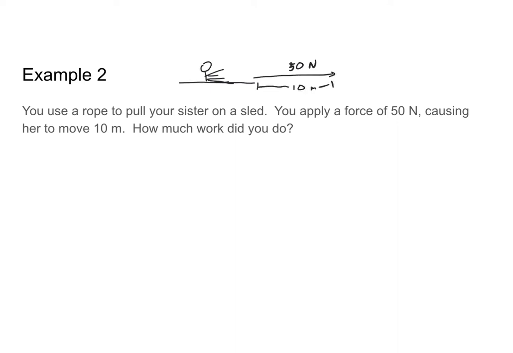Let's go ahead and start by listing out our givens. I know that the force acting on my sister is that 50 newtons that I am applying, and that she is moving over a displacement of 10 meters. I also know that I'm trying to find my work, so under the unknown section of my GUESS method, I can write work equals something.